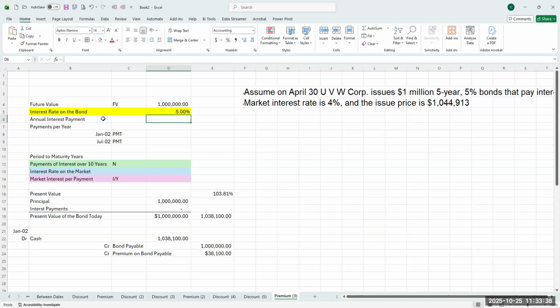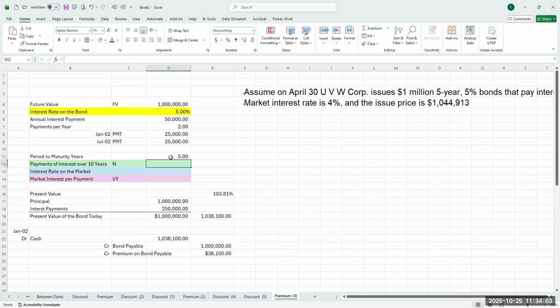5% interest payment. Annual interest will be 1 million times 5%, or 50,000 per year. We have 2 payments per year. That will give us 25,000 per payment. Then maturity will be 5 years.